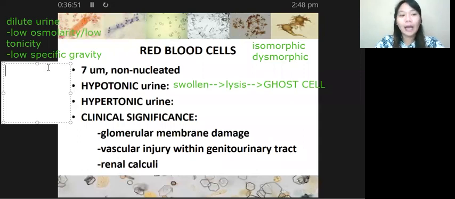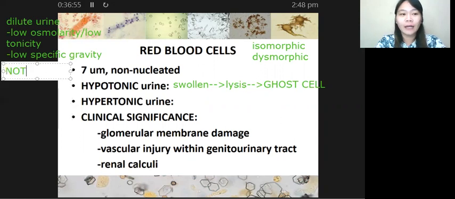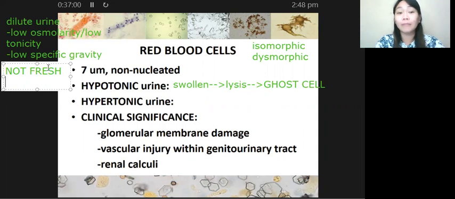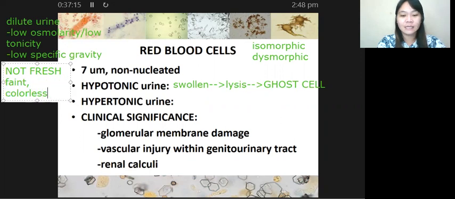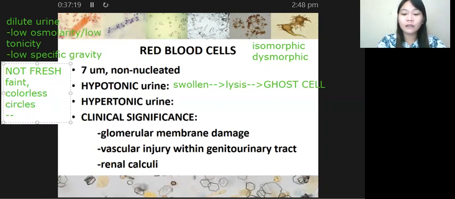Okay, so ang ginagamit po natin na term ay, so lagay ko lang ha, not fresh. Okay, not fresh na urine sample. Alright, so ang ginagamit natin na term to denote for the presence of red blood cells that appear as faint, colorless circles is the term shadow.